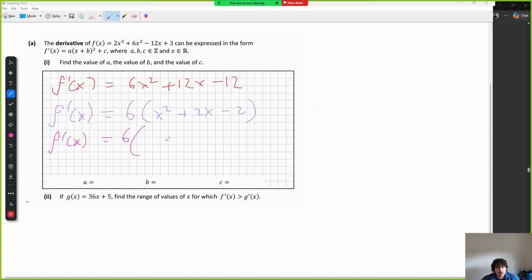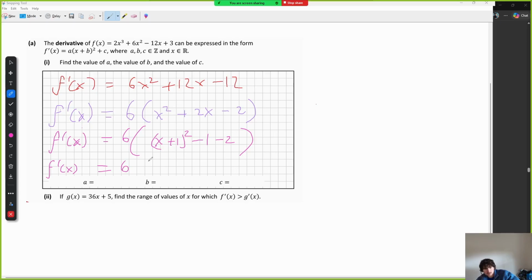So it's 6. We half what's in front of the x. So we go x plus 1 squared. When we square this out, the number at the end will be 1 squared. We kill off that, so now we have no number, and we put the number we want in here, which is minus 2. That's the best way to complete the square.